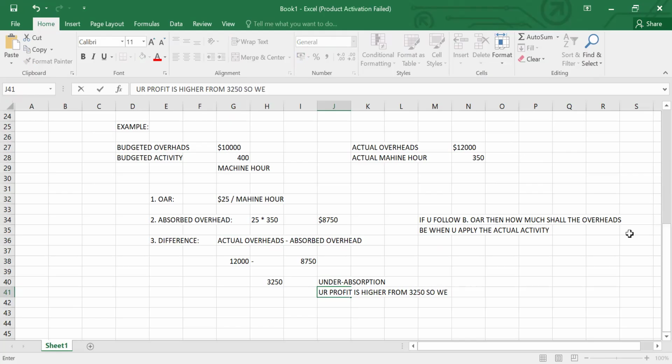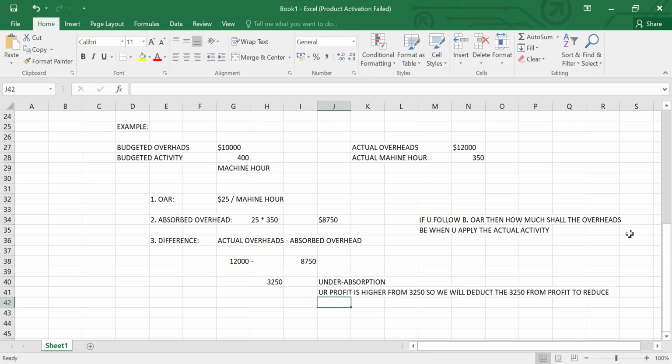So we will subtract or deduct the $3250 from profit to reduce it, because as we did under absorption, we underestimated our expenses. Under absorption means underestimate.